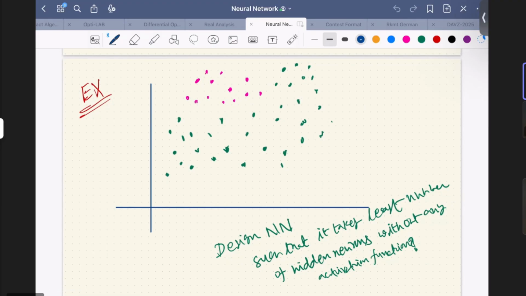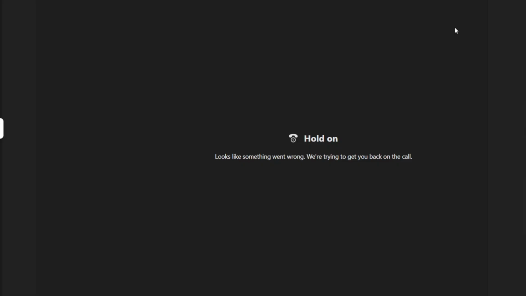Has anybody come up with an idea? I need a neural network which separates these two classes of points.